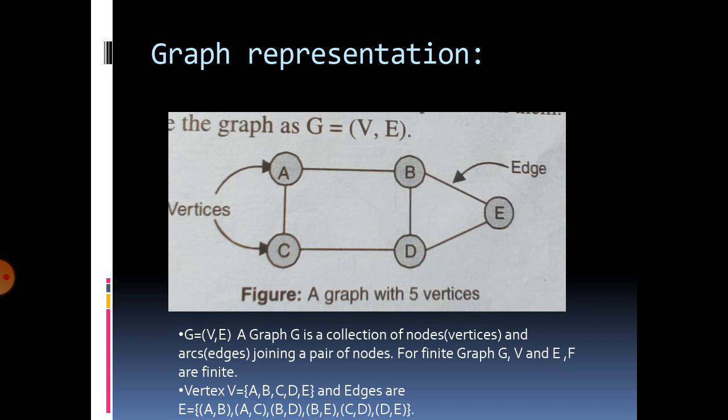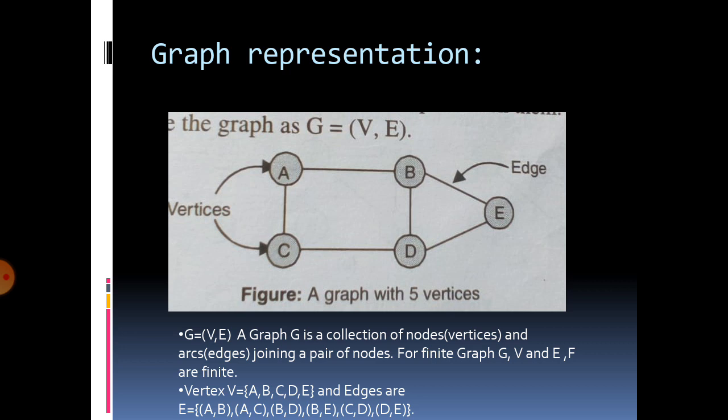V is the number of nodes, our data elements, and edges stand for how the vertices are connected, the communication or relation among the vertices.